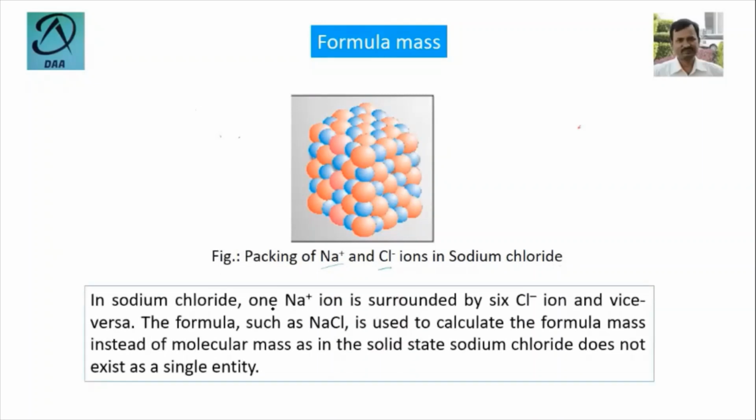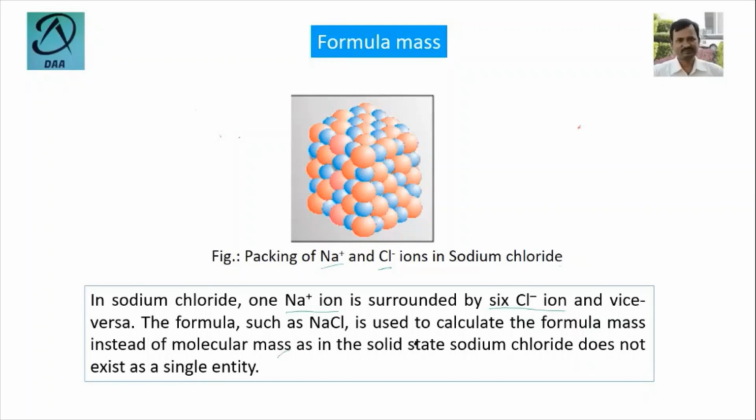In sodium chloride, 1 Na plus ion is surrounded by 6 Cl minus ions, and vice versa. That means each Cl minus ion is also surrounded by 6 Na plus ions. So a formula such as NaCl is used to calculate the formula mass instead of the molecular mass.